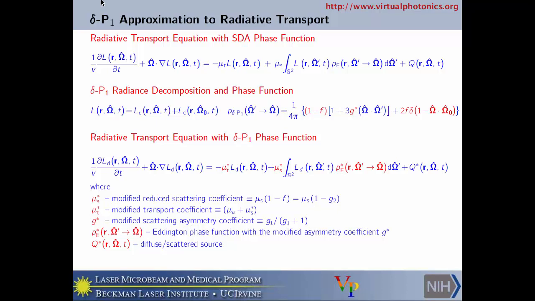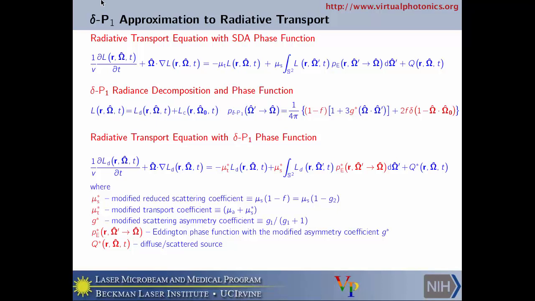It's not diffuse light, so we don't want to account for that in this loss term. Secondly, this is the angular scattering of diffuse light, so we don't want to consider all of the scattering. We just want to consider the scattering of the fraction that doesn't get scattered directly forward, okay? So you have to modify the interaction, the loss of light due to, number one, absorption and scattering, as well as the gain of light from different directions. But otherwise, the equation remains exactly the same.